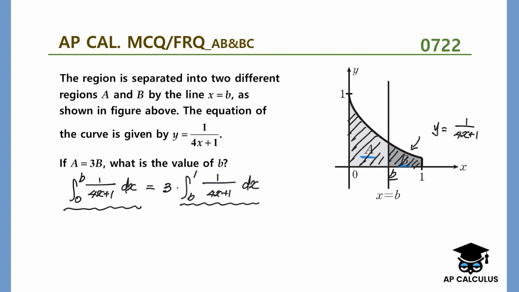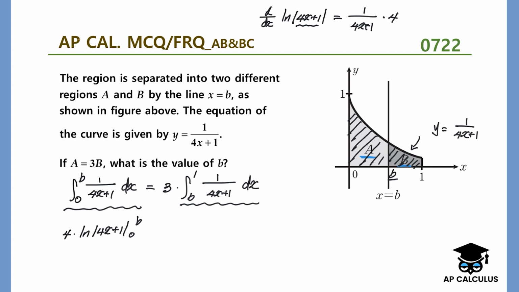Now let's solve for b. The antiderivative of 1 over 4x plus 1, that's 1 over 4 times natural log of 4x plus 1, from 0 to b. Remember, the derivative of natural log of 4x plus 1 is equal to 1 over 4x plus 1 times the chain rule, the derivative of 4x plus 1, which is equal to 4.